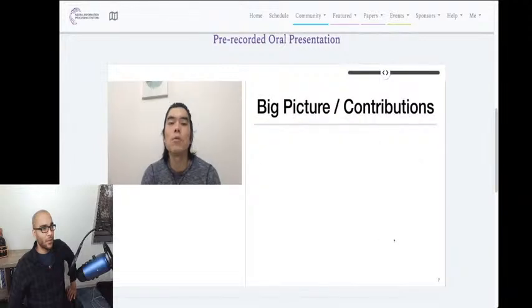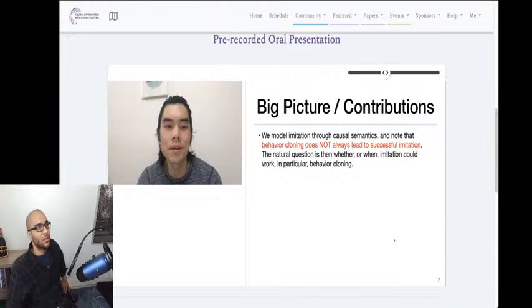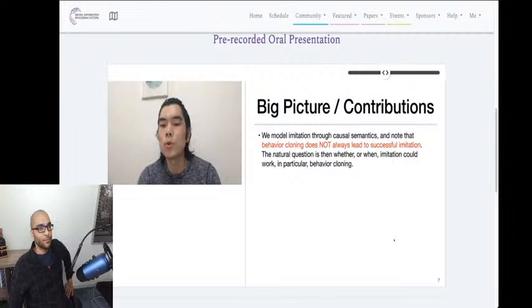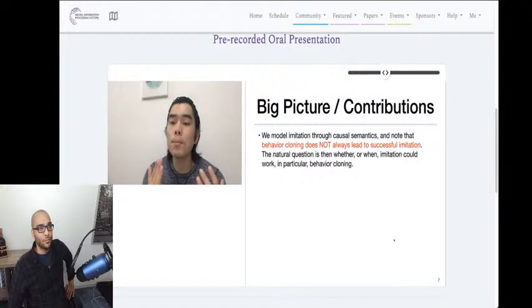Before we proceed, I would like to briefly talk about the big picture and the main contributions of this paper. So far, we have modeled imitation learning through causal semantics. And we also show that behavior cloning does not always lead to successful imitation. A natural question at this point is whether or when imitation could work, in particular using the approach of behavior cloning.